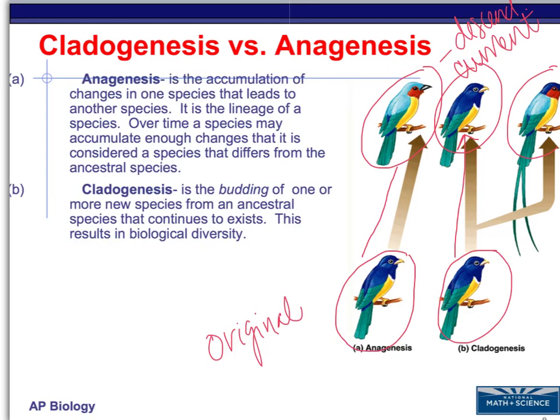So in anagenesis, we just go from the ancestral species to the descendant species. And in cladogenesis, the ancestral species is still around, but we budded off and made a new descendant species in the process.